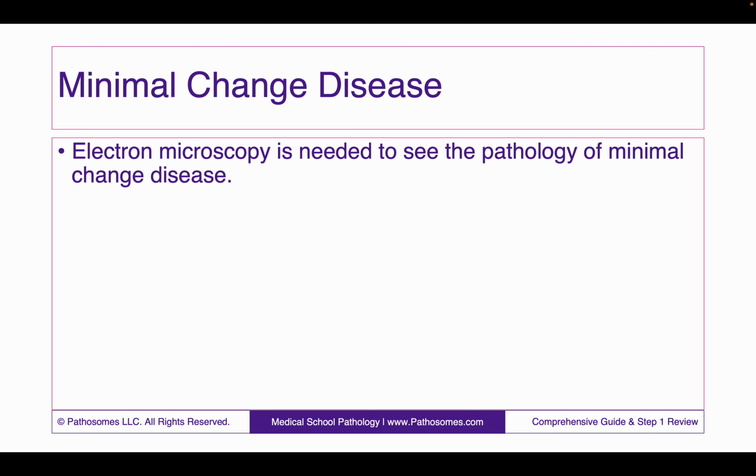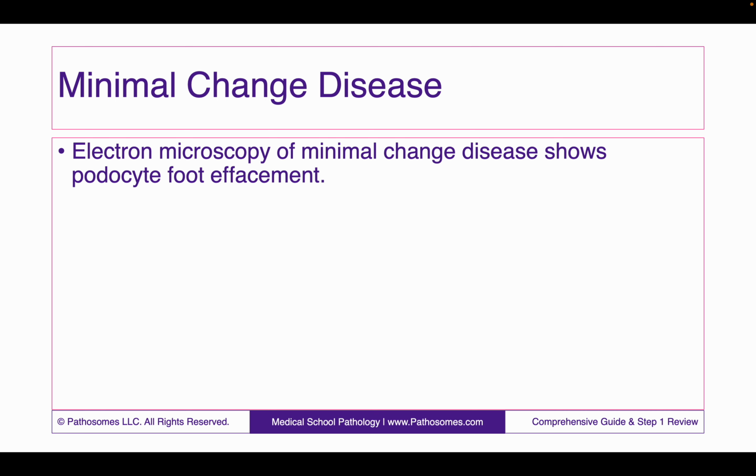However, electron microscopy can be utilized to visualize the pathology that is associated with this condition, which is podocyte foot effacement. Electron microscopy of minimal change disease shows podocyte foot effacement.